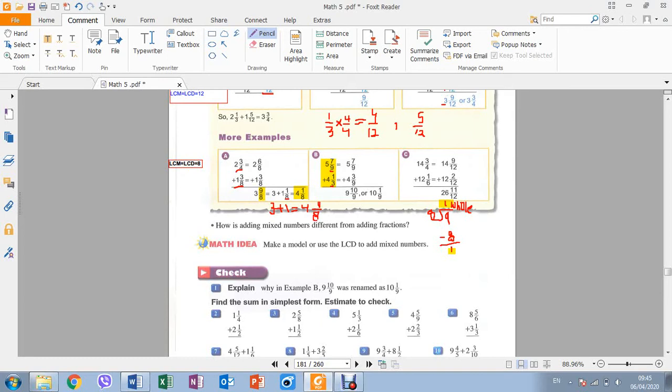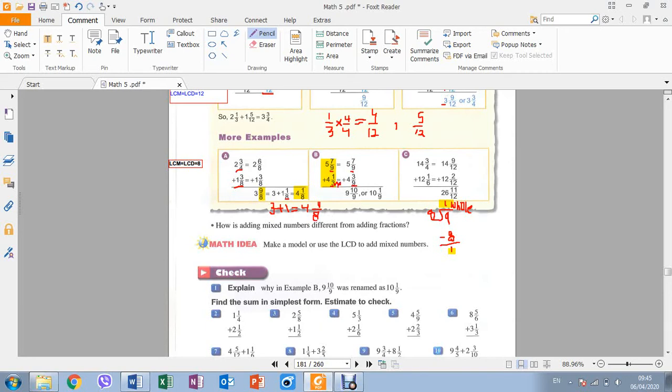Okay, if you use LCM, you know at that time. Because the LCM is 9, this is 9, don't touch it, only this one. We multiply this denominator by 3.